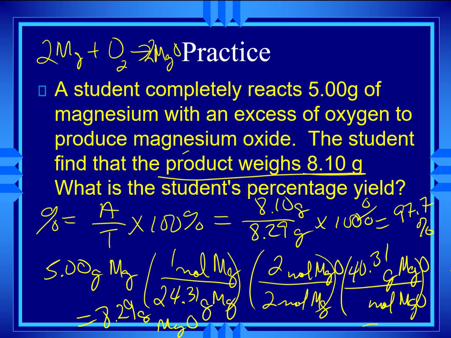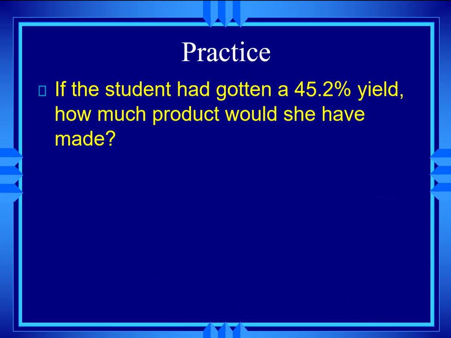The only variation I can think of on this, if you'd had a lousy percent yield, what if they had gotten 45.2% yield? How much product would they have made? Well, now I know 45.2% equals how much they would have actually made. That's what I'm looking for.